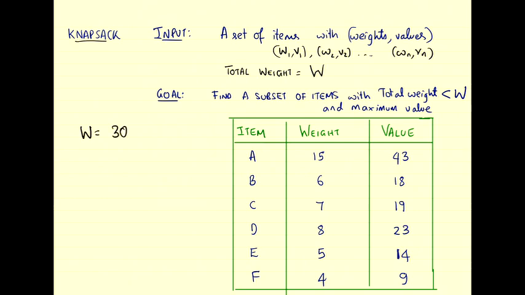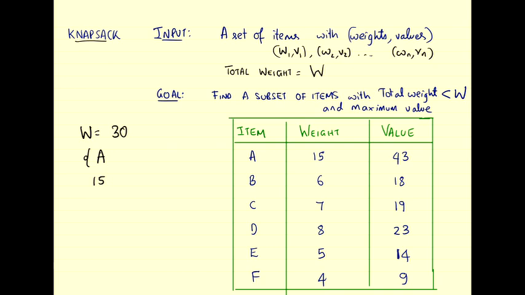Then you could pick item A, which costs you weight 15. Now after we picked item A, there's this question: do we still have item A to pick again or not? That's part of the problem definition.